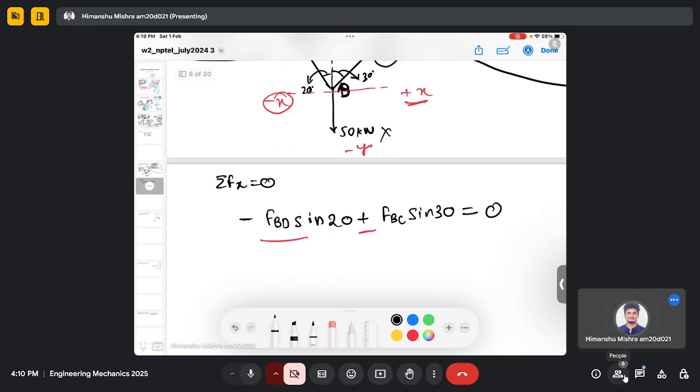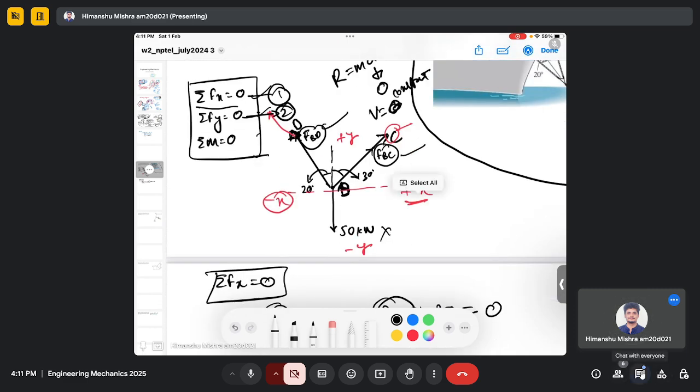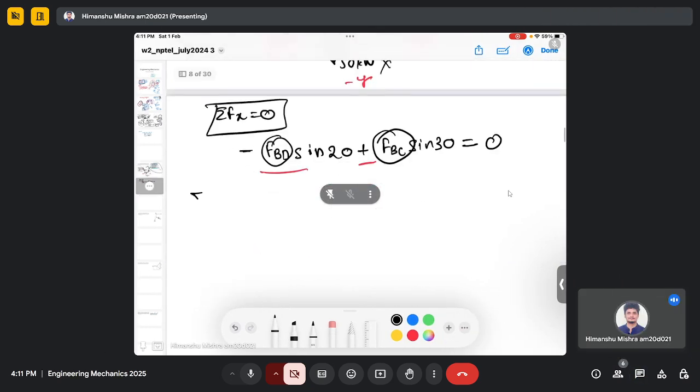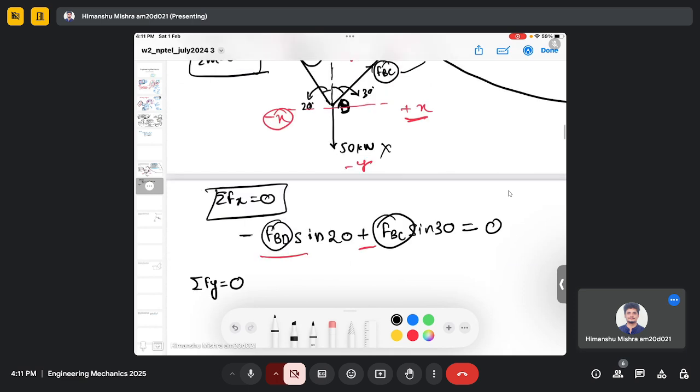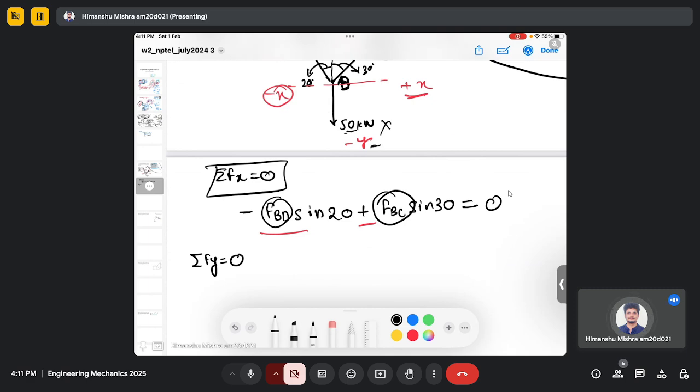So you can see this is one equation, but we have two unknowns, FBD and FBC. So we cannot solve using this equation alone. So now we need to consider equation 2 also, and let's see if we can solve. If I do the summation of force in the y direction, I can consider minus 50 kilonewton because it's in the minus y direction.